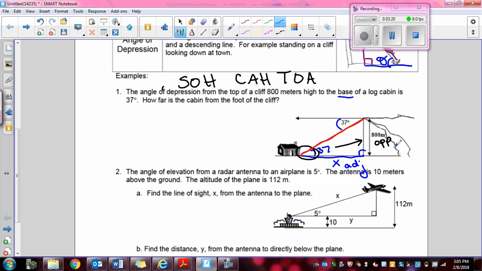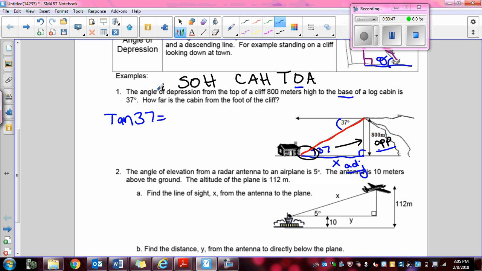I need to know which trig function uses the opposite and the adjacent. O and A, tangent. So tangent of the degrees, in our case 37 degrees, equals opposite over adjacent.